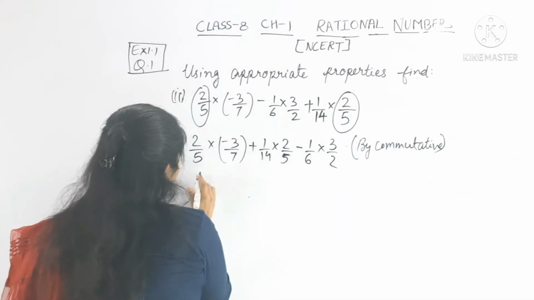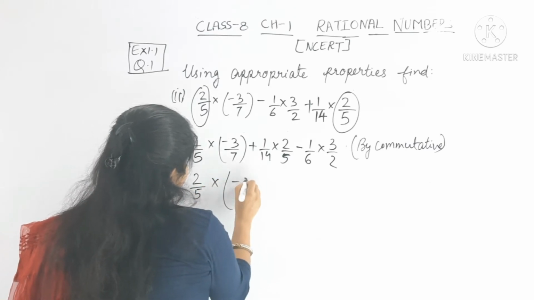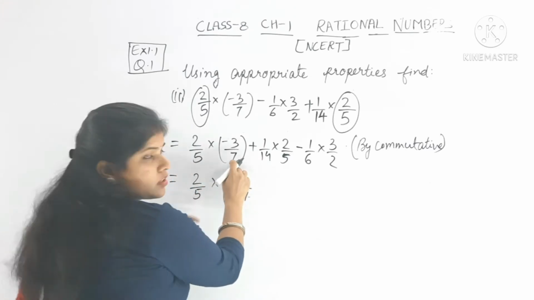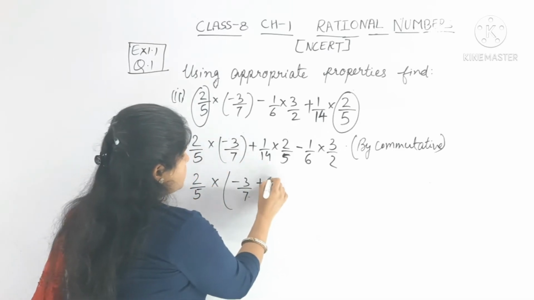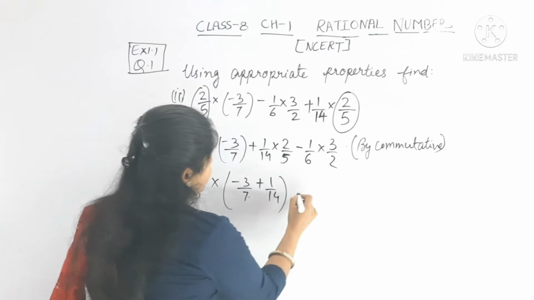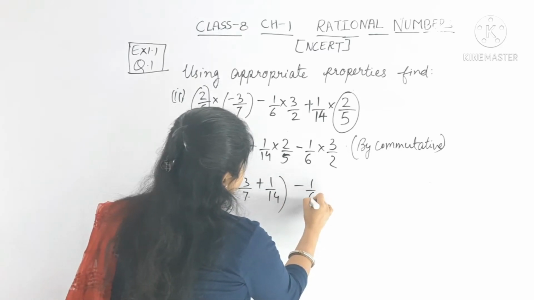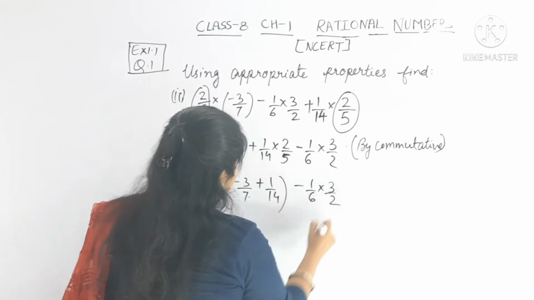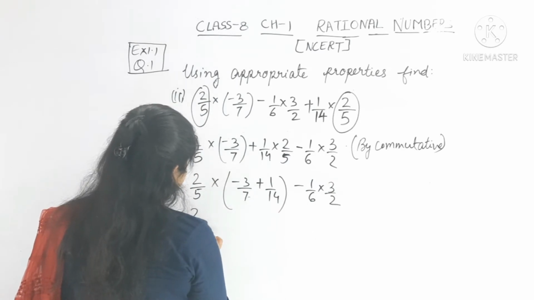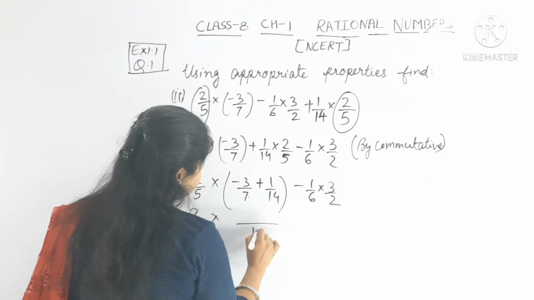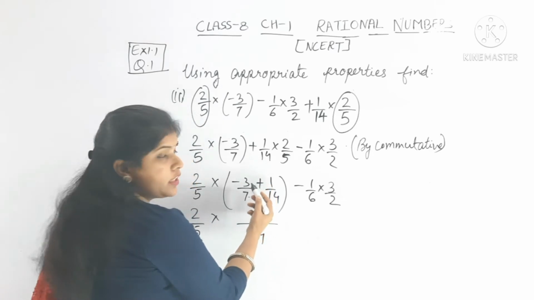So I am taking common here 2 by 5 multiplied by minus 3 by 7, minus 3 by 7 is left, and here plus 1 by 14 is left, minus 1 by 6 into 3 by 2. Here I am getting 14 as LCM. So 7 2s are 14 and 2 3s are 6.